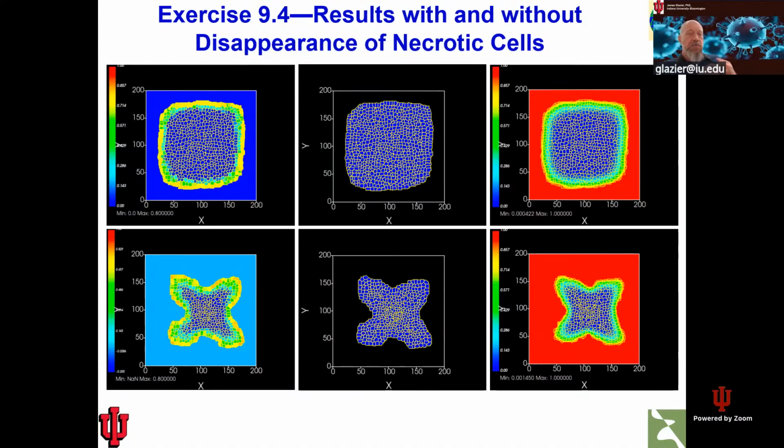Constant value, the more you use, the more you supply up to some maximum. And medium supply, the more cells you have, the less nutrient is made available, and therefore you get self-limitation.